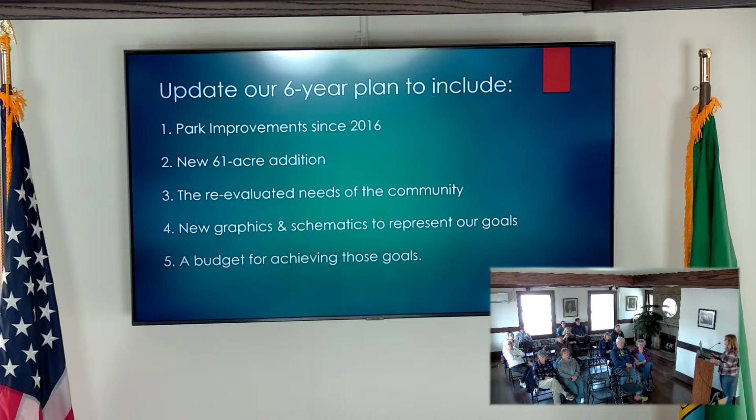We'll also have new graphics and schematics to represent our goals. We'll use those to communicate our goals to the community, but also when we apply for a grant, we have to be able to say, here are our goals, please help us meet those goals. The plan will also help us establish a budget to make those things happen.